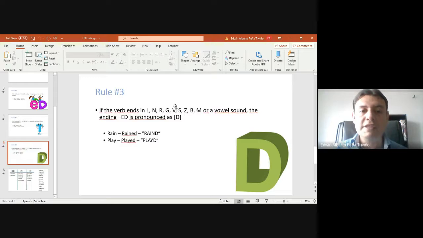The same occurs with any vowel sound. Obviously, the vowel sounds also produce a vibration in your throat. Here we have a couple of examples. The verb rain, whose final ed is pronounced as a D, and the verb play, which is also pronounced as a D. So we have rain in the past, rained, and play in the past is played. These are the three forms of pronouncing.